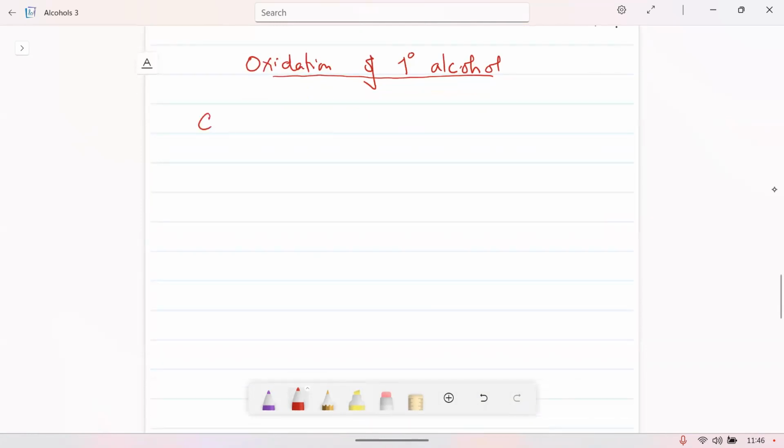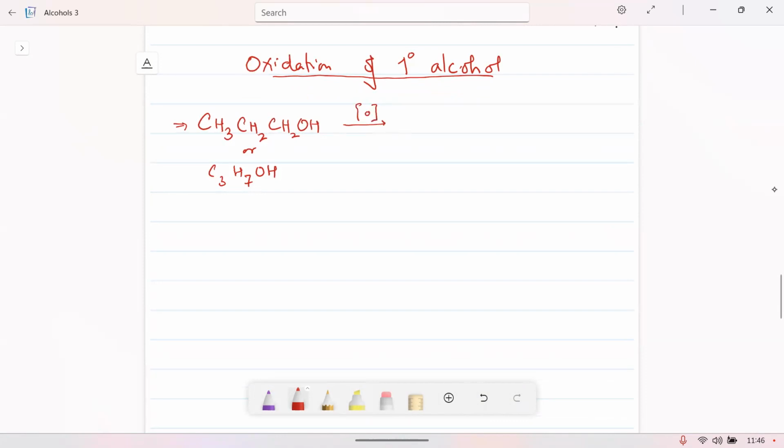So let's say I'm taking a primary alcohol, CH3, CH2, CH2OH. It could have been written like C3H7OH. I prefer this way because it shows me where the reaction is taking place. The oxidation will take place, that means you will have to use the oxidizing agent.